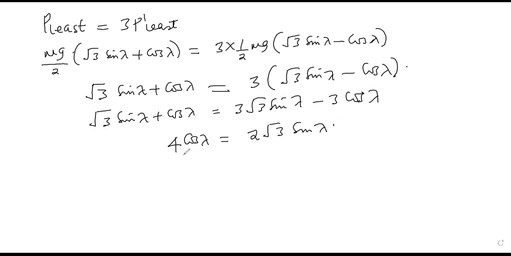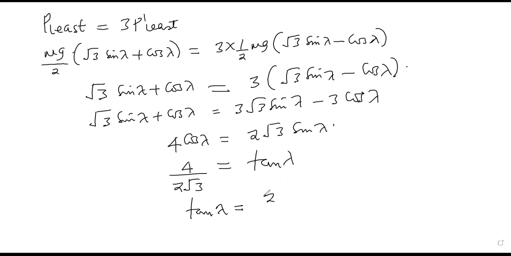You can divide so that we remain with the tan. You can divide by cos either sides. So you'll have 4 over 2 root 3 is equal to sine lambda over cos lambda, which is tan lambda. Implying that tan lambda is equal to, this one will reduce by 4, 2, by 4, by 2, 1, by 2, 2.